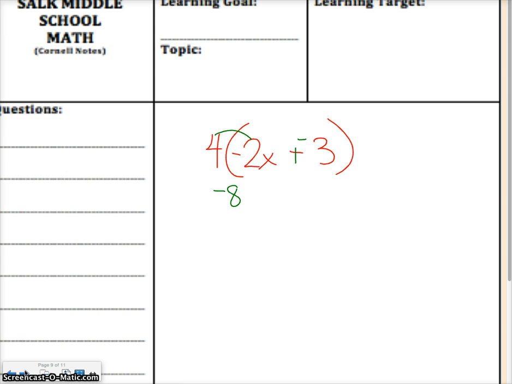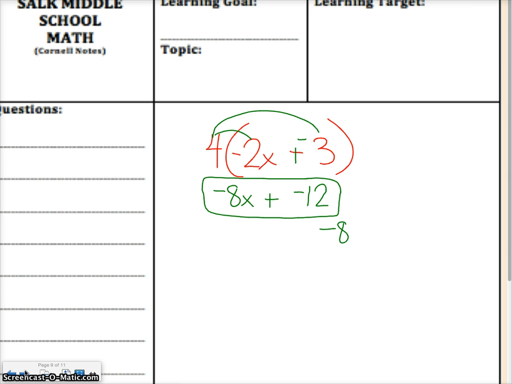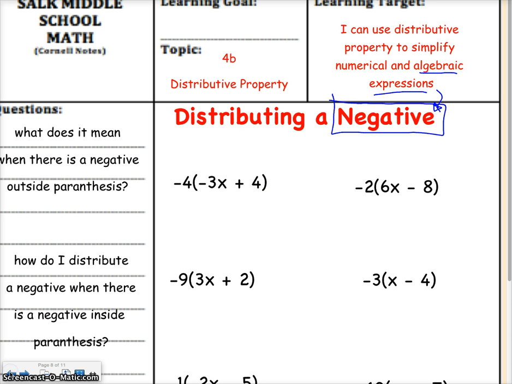That would be negative 8x plus negative, or 4 times negative 3 is a negative 12. You'll see it looking like this. Negative 8x minus 12 is actually your final answer. What we do there, you take the plus and negative and you turn it back to subtraction when you find your right answer.